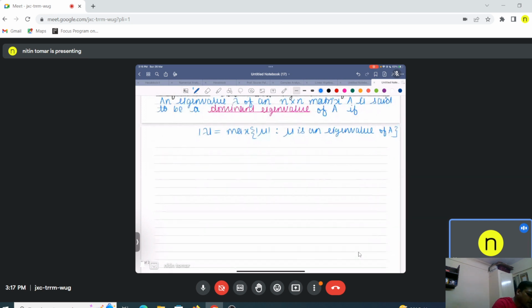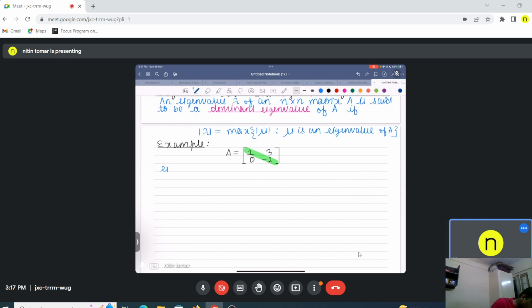So for example, if I give you, let's say, 1 minus 2 3 1 3 0, so we know the eigenvalues will be the diagonal entries.